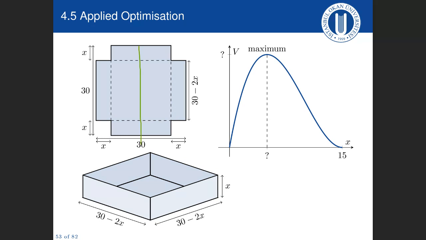So again, we would end up with a volume of 0. And then in the middle, it's going to go up, and then it's going to come down. And somewhere between 0 and 15, we would have our maximum. And this is what we're trying to find. What value of x should we choose if we want our box to hold as much as possible?